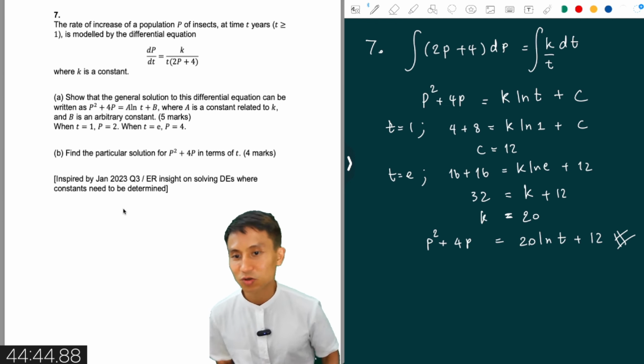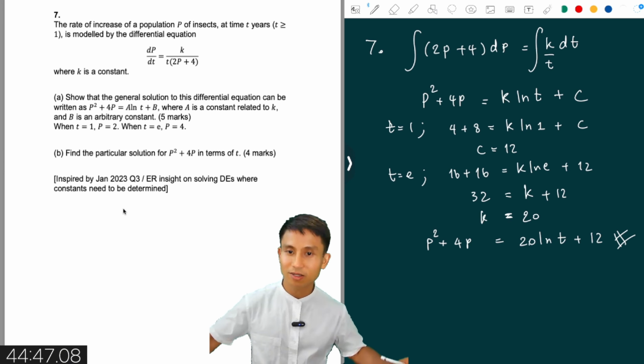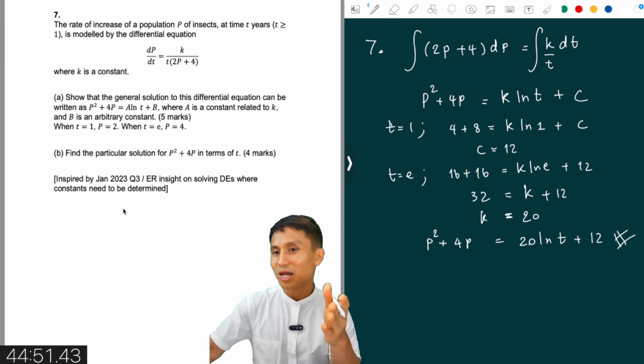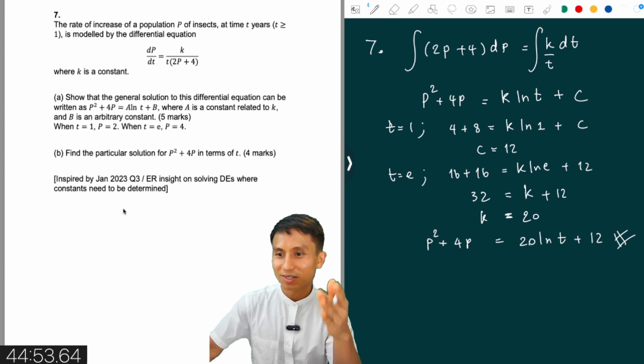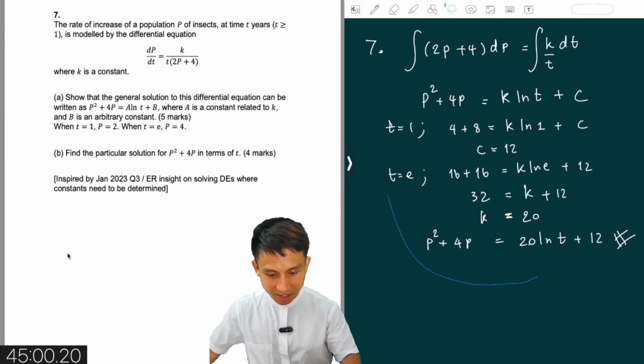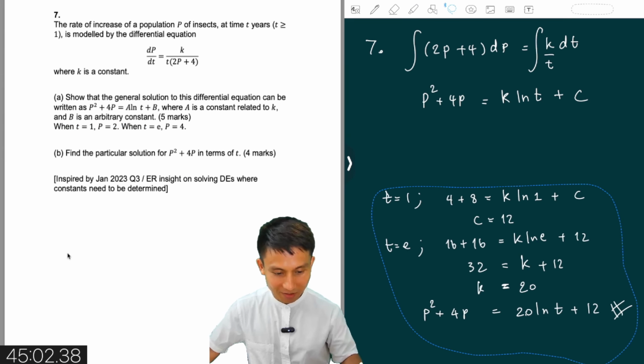Find the particular solution for p squared plus 4p in terms of t. Oh, I think I already did that. Sorry, part A showed the general solution. Oh, sorry, this line has to be with question B. I think I already did the first part and the second part together.